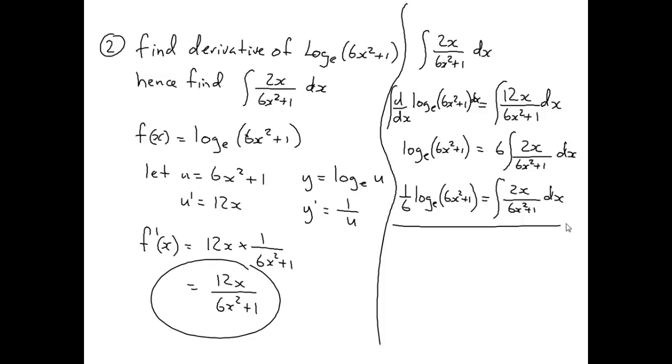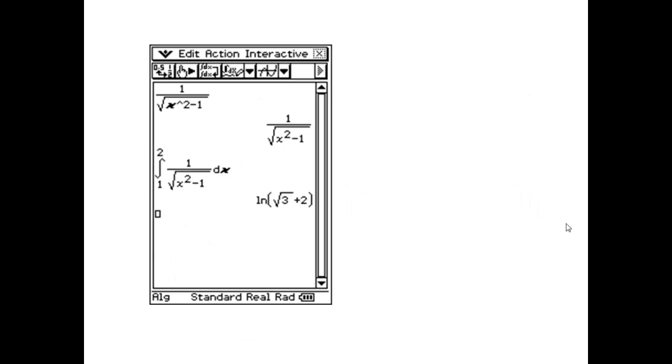Okay, that's integration by recognition. The second part of this exercise has some integrations of functions that we don't have any rule for. If you look at this one, 1 on the square root of x squared minus 1, we don't have a rule for that.